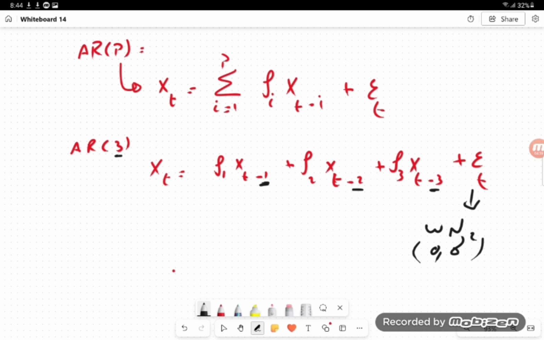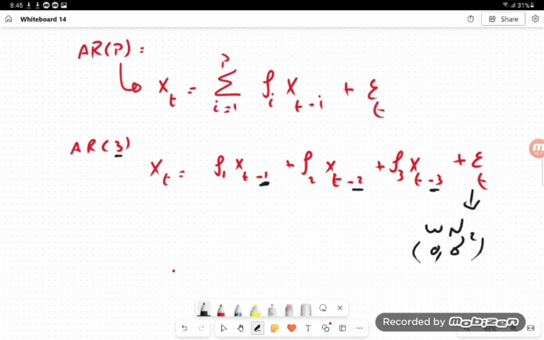So the economic meaning of the model is that a change in the value at time t depends on its values in previous years. Stationarity of the AR model: AR can be stationary or non-stationary. So it's conditional to some extent.